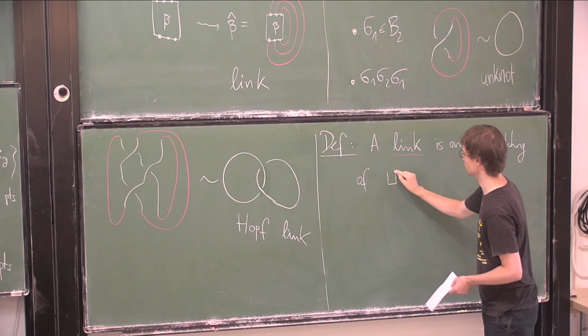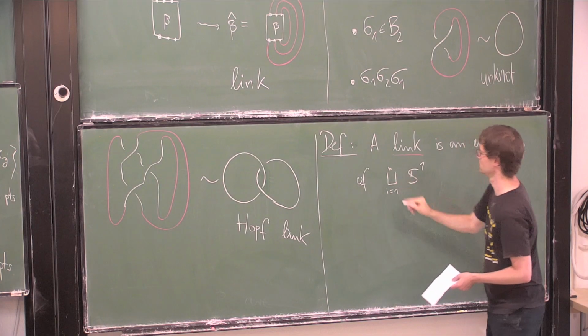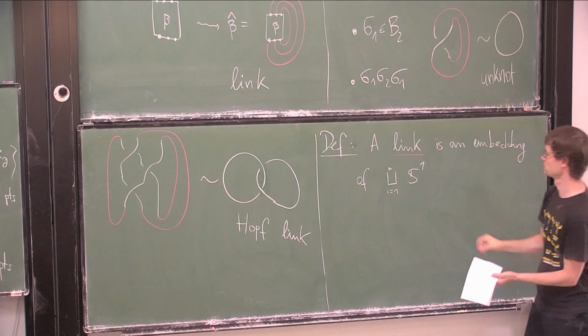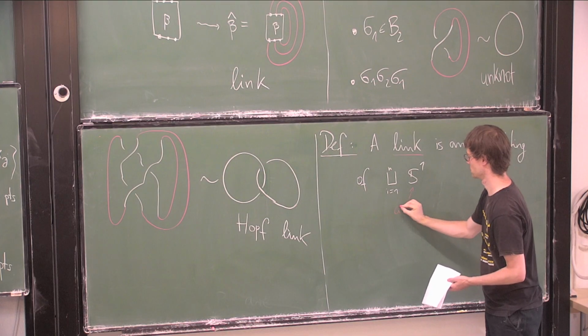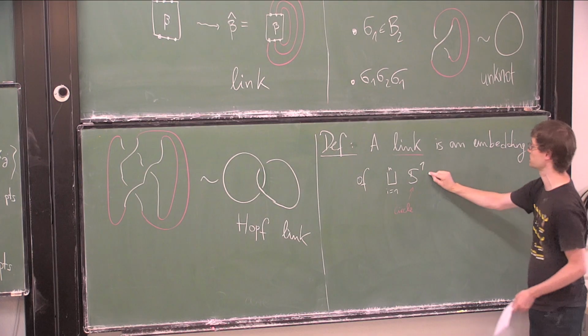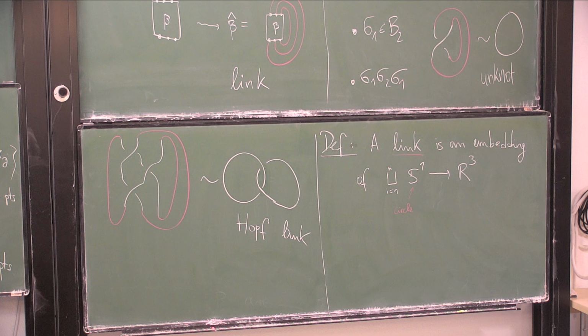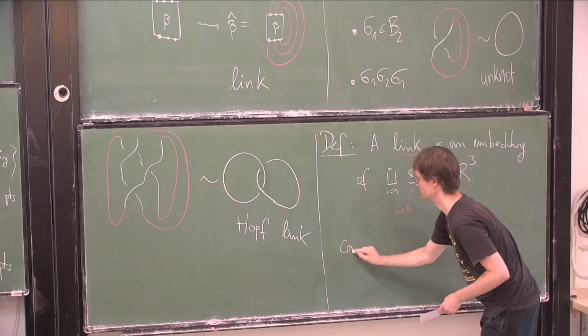So it's a bit like before. Before we had intervals, now we have a circle. So S1 is the circle. So we have n disjoint circles, and we embed this into R3. And we consider them up to isotopies.